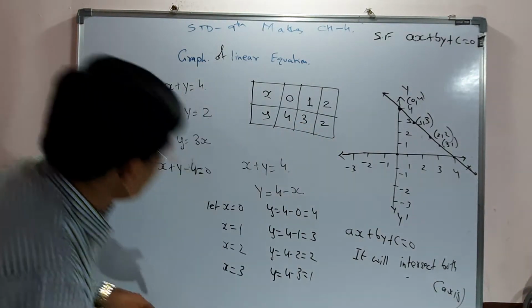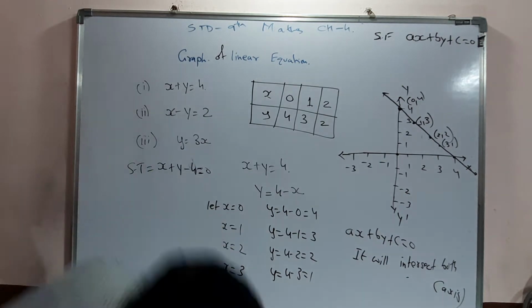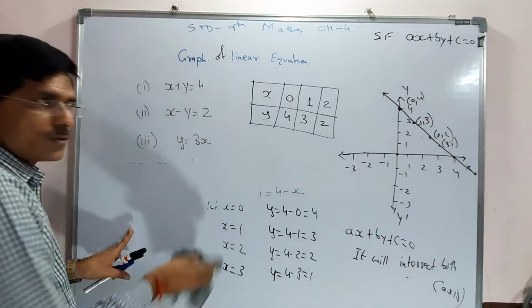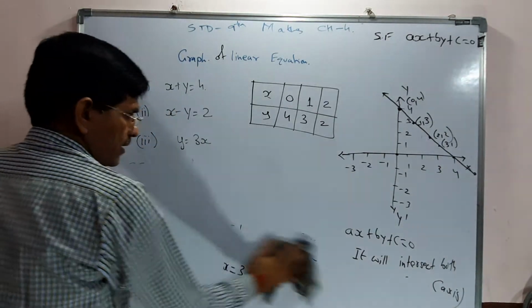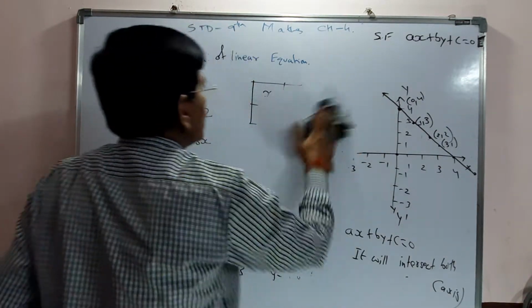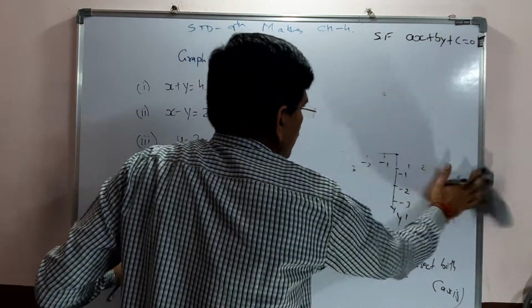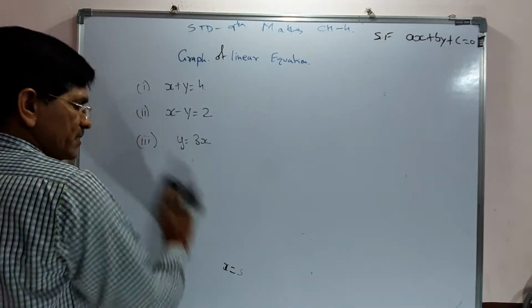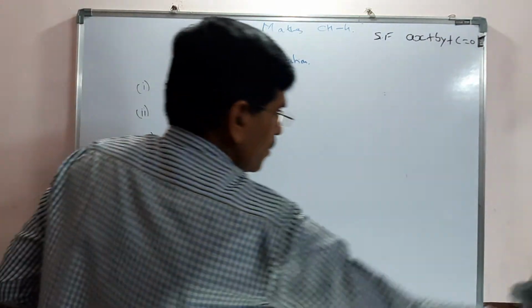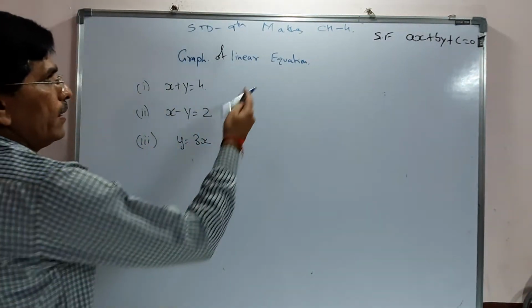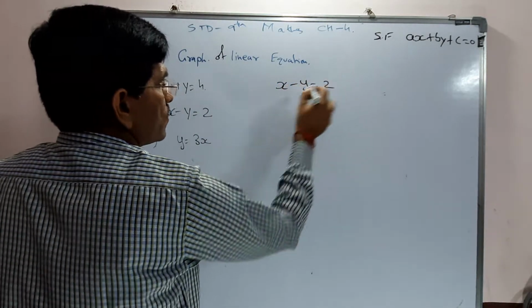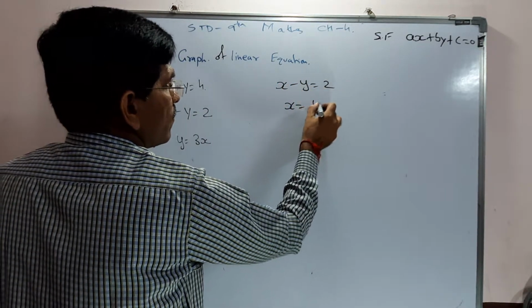One more graph we have to discuss, that is x minus y is equal to 2. We have to discuss that type of graph now. So first we have to rearrange x minus y is equal to 2 as x is equal to y plus 2.